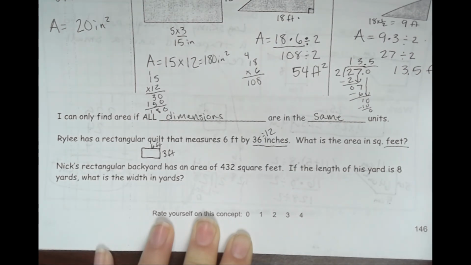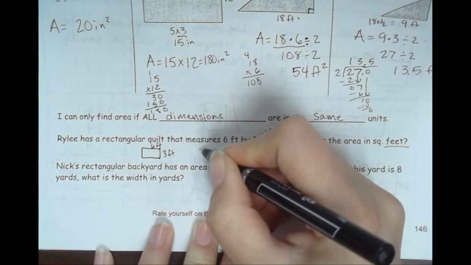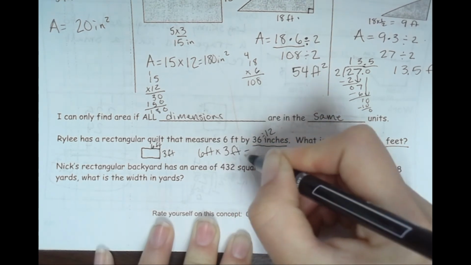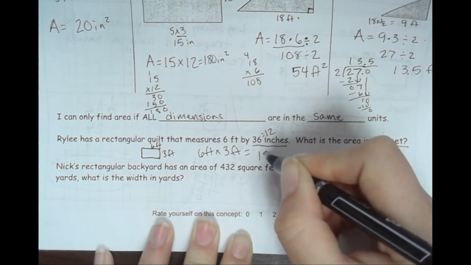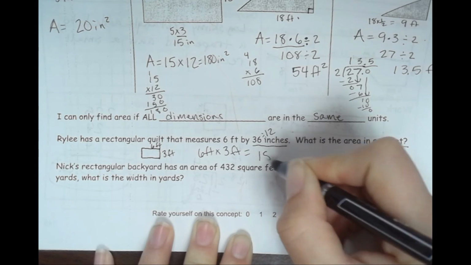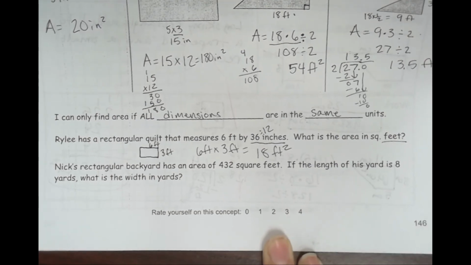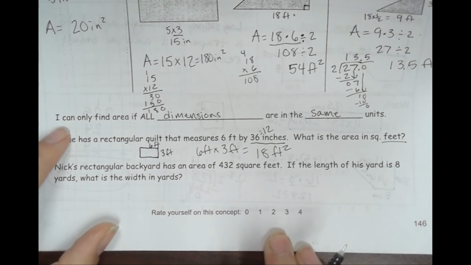So to find the area of this, 6 feet times 3 feet is going to give me 18 feet squared. But do you see how we had to first turn it into feet so we could find square feet? Make sure that your measurements are in the same unit before you try and figure it out.